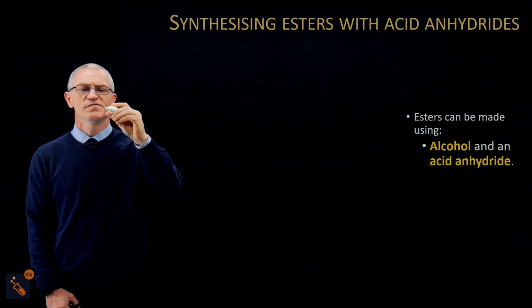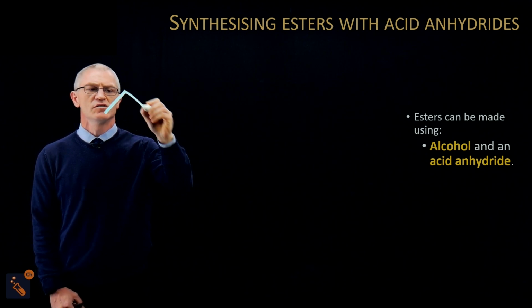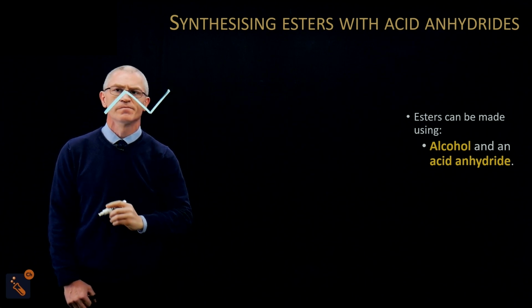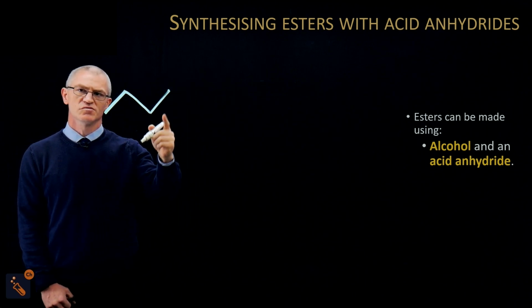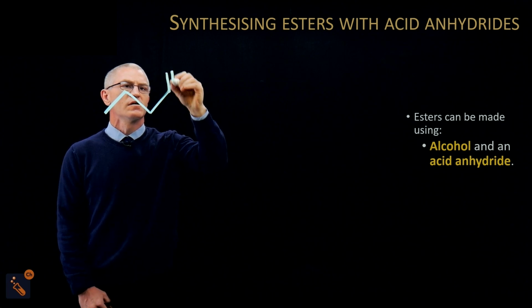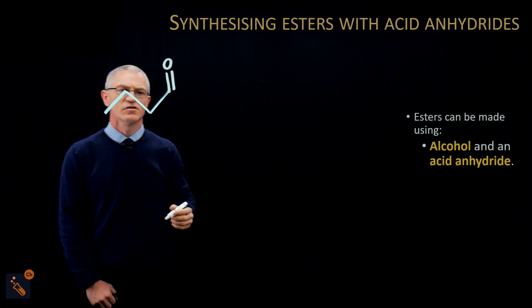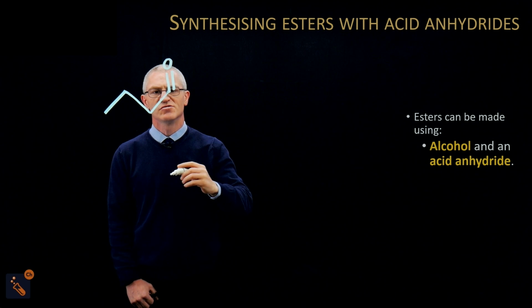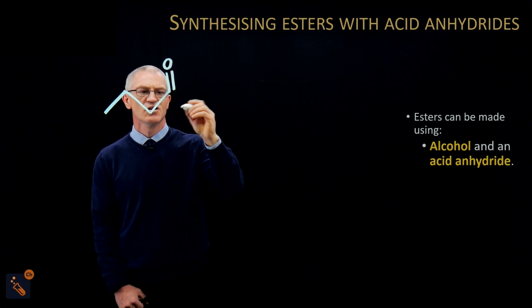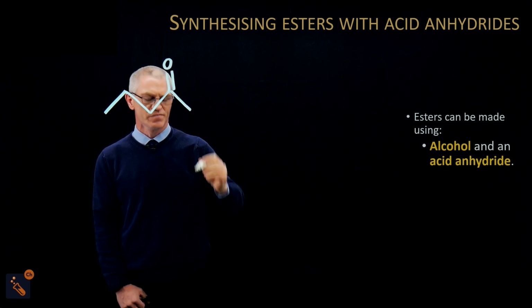So we'll do 4 because it's but. 1, 2, 3, 4. 1, 2, 3, 4. And then we're going to make the anhydride. If you're not sure what anhydrides are, they're like 2 carboxylic acids joined together.